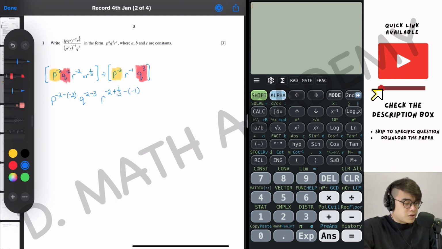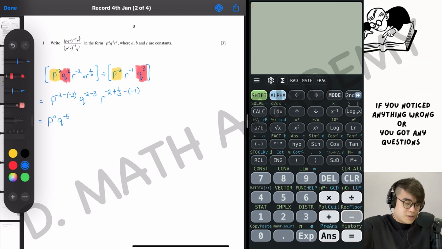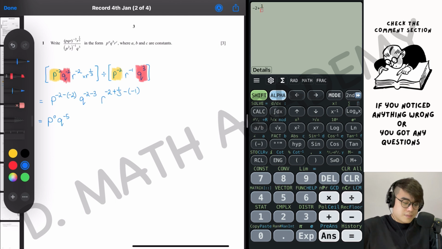So through this calculation, you will actually get your results as P to the power of 0, Q to the power of -5, and you get the result as -2/3 for R here.